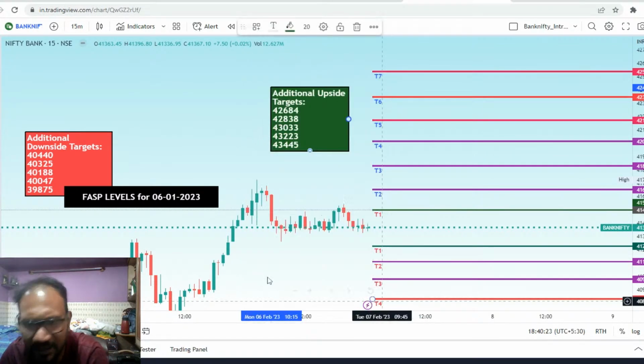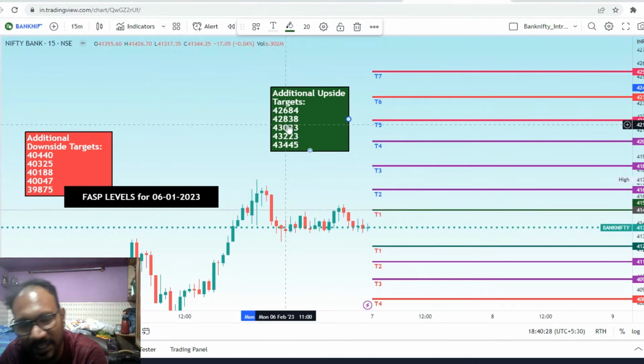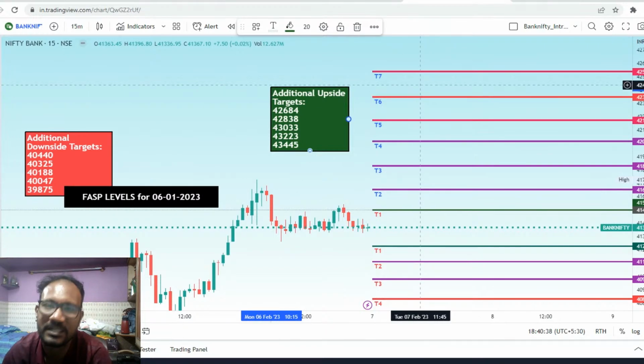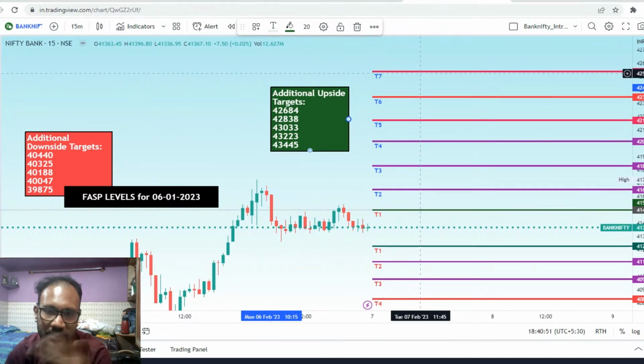So why am I giving a longer range? Usually I used to give about 100 points range between the levels. Now I'm giving much higher because we are at a make or break situation, and if you give shorter targets, probably the gap up opening itself will be somewhere around T6, T7. We will not be able to take meaningful action, and we will be missing out big time, because these days a 500 points movement is nothing. In fact, from low to high, it's about 700 points on average for the last week or two.